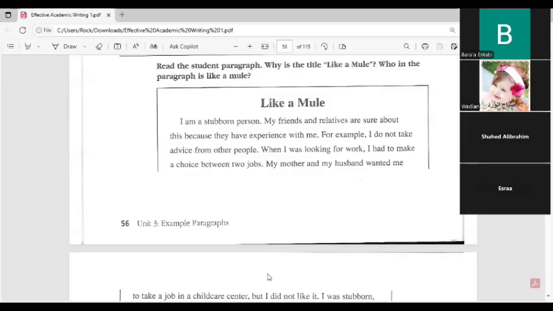Because reading is connected with writing, and listening is connected with speaking. So output and input. When you have input, something in your mind, you will generate output. Okay, is it clear?